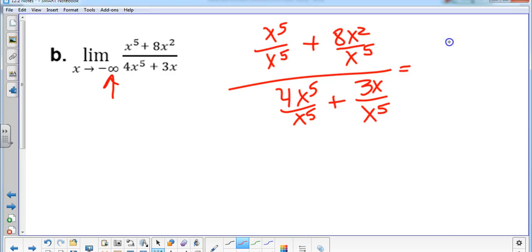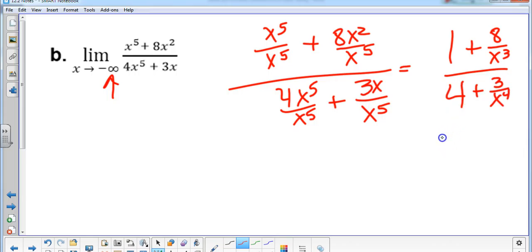And there's more you have to do with it, I think, in calculus. We get 1 plus 8 over x cubed, and then we get 4 plus 3 over x to the 4th. What's that going to approach? As the denominator here gets huge, this is going to approach 0, this is going to approach 0. Oh, actually, we're going to negative infinity. Doesn't matter, those are still going to approach 0, but what are we left with?